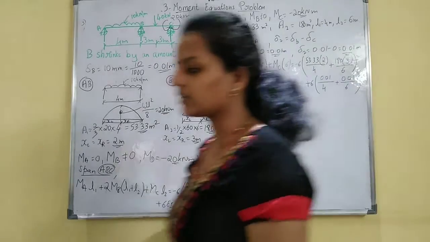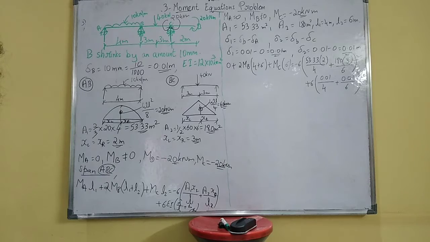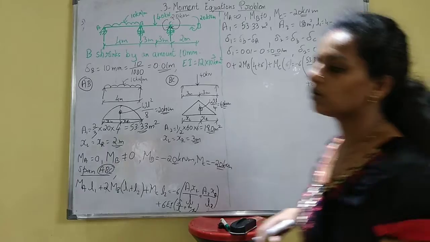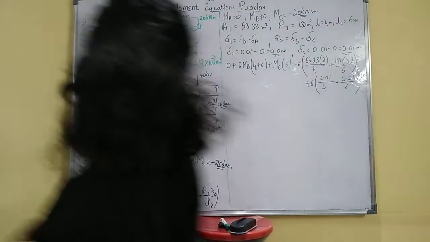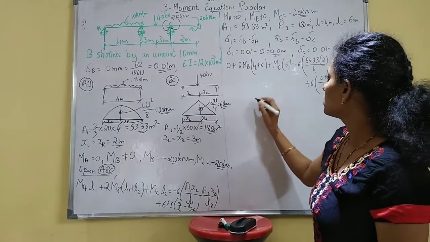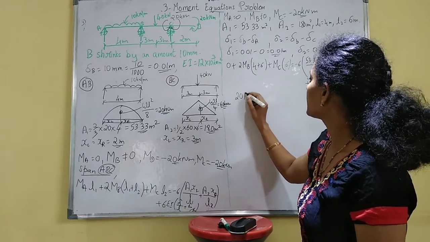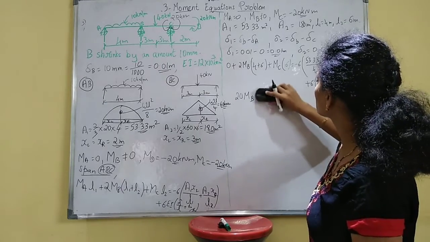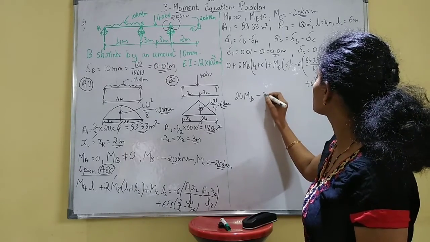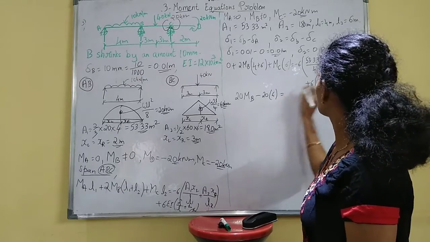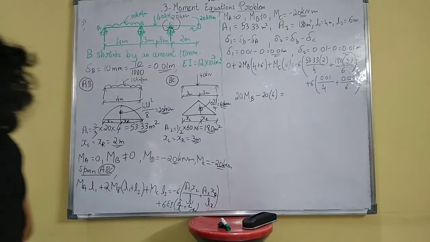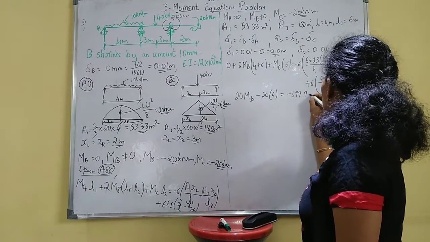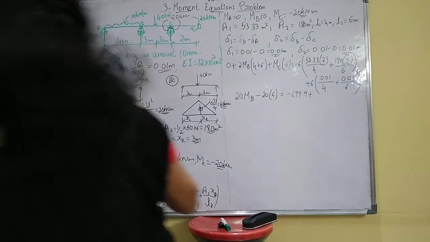So simplify and get the value. And here MC also is known, you can directly substitute it. Okay. So 20 MB plus MC is known, MC is minus, so minus 20 into 6, and just simplify this, you will have minus 699.9 plus 300.